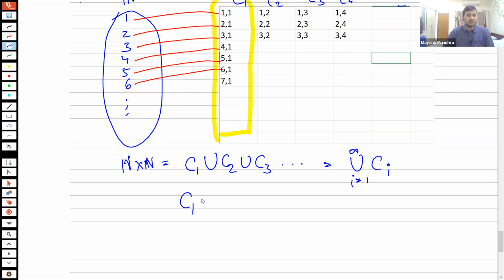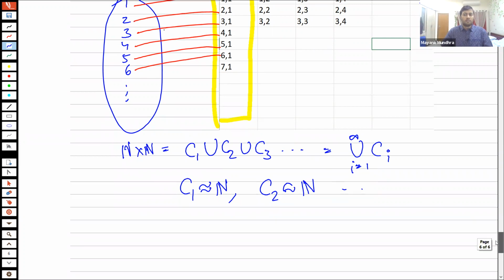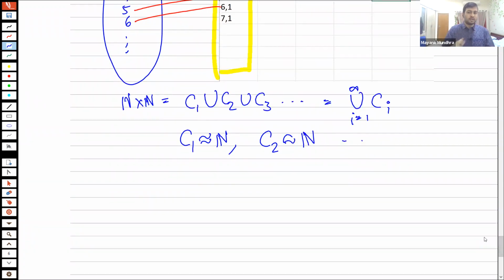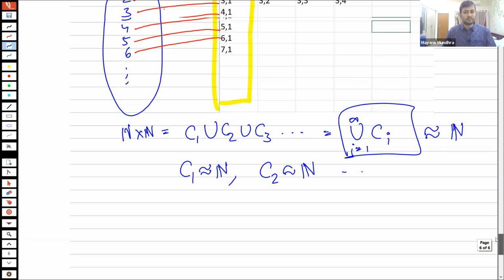Column 2, by the same logic, will also have the same cardinality as natural numbers, and so on. But the idea does not stop there. The idea is that the union of these columns also has the same cardinality as natural numbers.